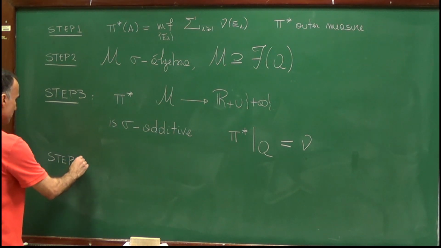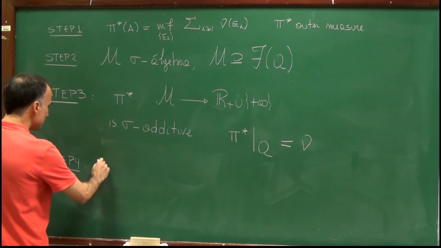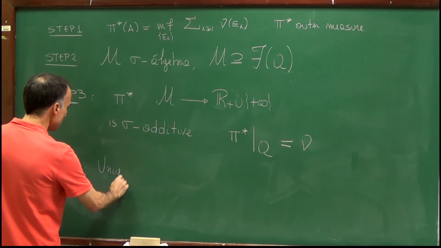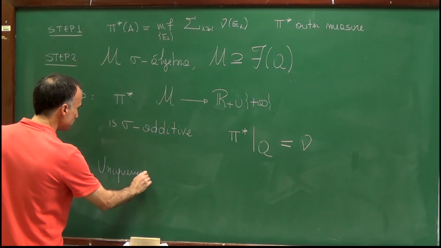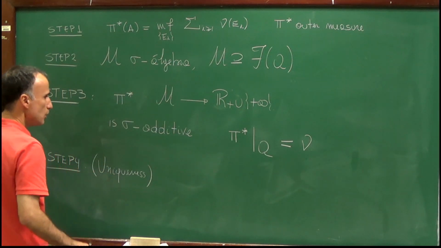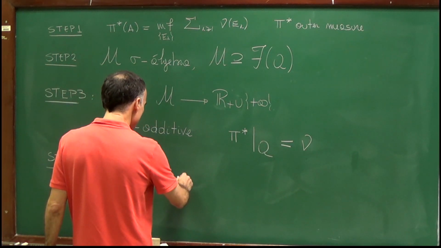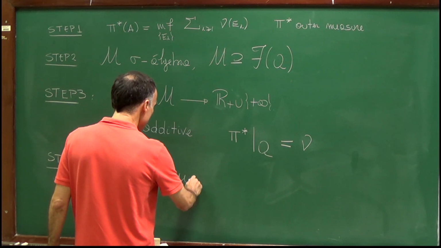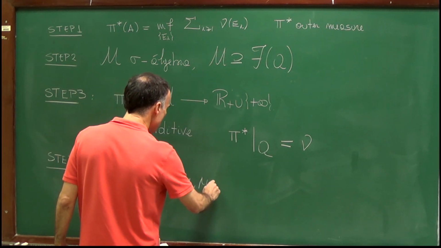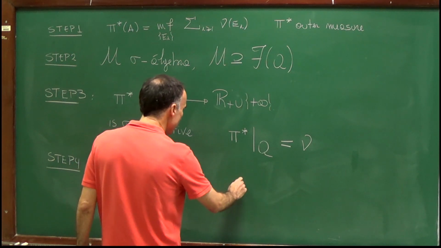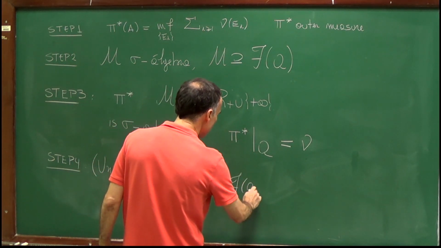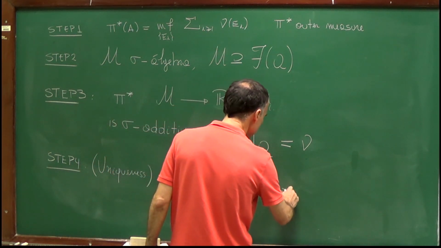The last step, which is uniqueness, can be stated as follows. Let's assume that we have two measures, or two functions, mu1, mu2, defined on the sigma algebra generated by an algebra.